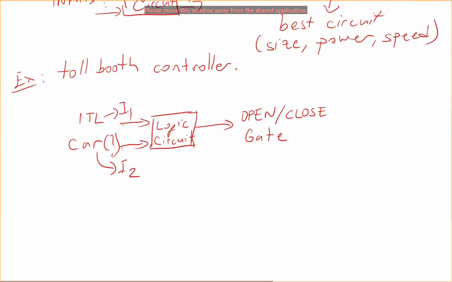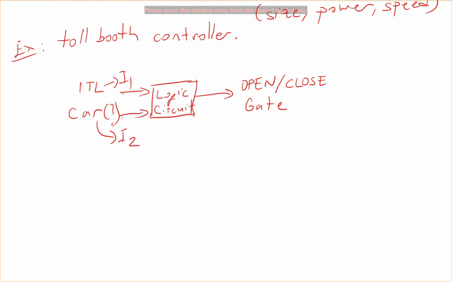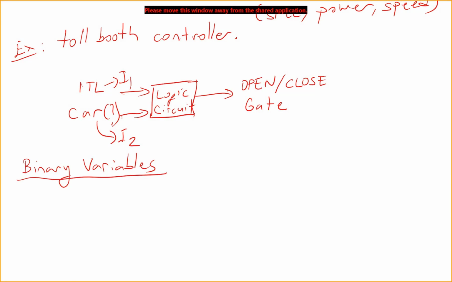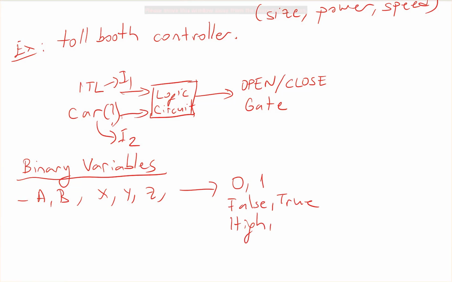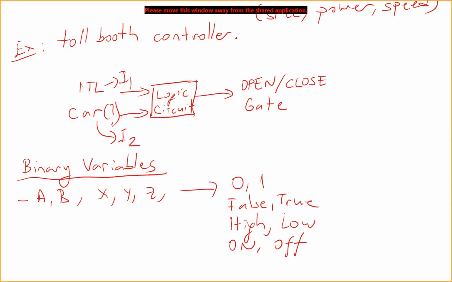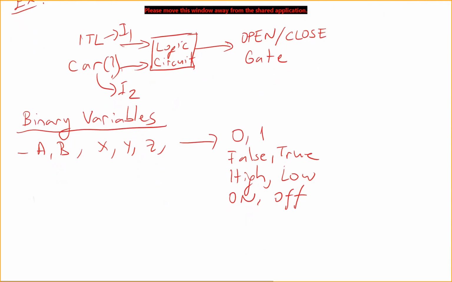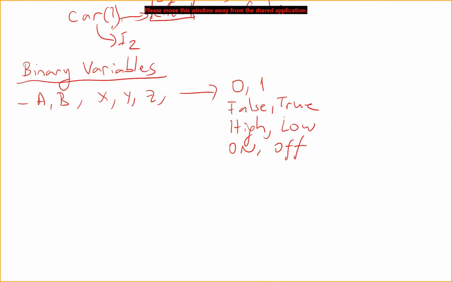So to implement these logic circuits, we need input variables, or we will call them binary variables. So we can name them A, B, X, Y, Z, right? And these could be 0, 1, false, true, high, low, on, off. So these variables represent either false, true, high, low, on, off, right?